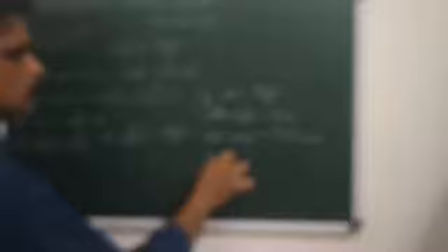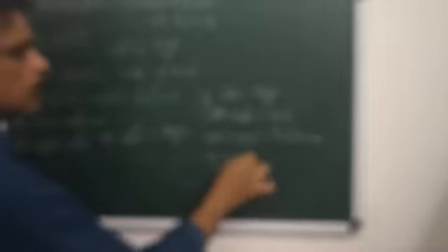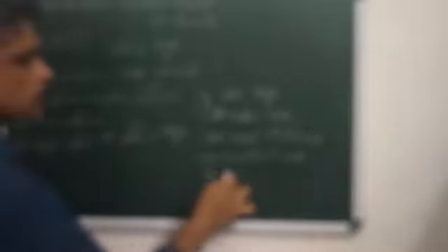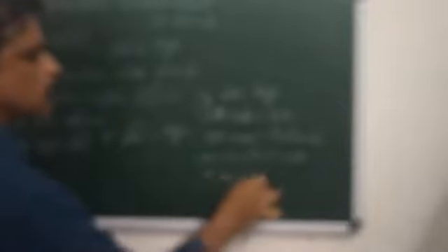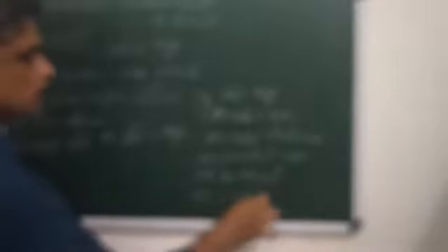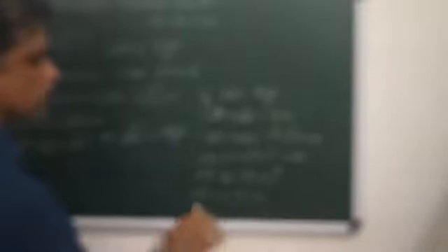That means 0 equals A square plus B square minus 2AB, bringing 4AB to the right side. So that means 0 equals A minus B whole square. A minus B whole square equals 0 means A minus B equals 0, that means A equals B, so equality holds. Okay, so from here we can conclude that GM is always less than or equals AM.